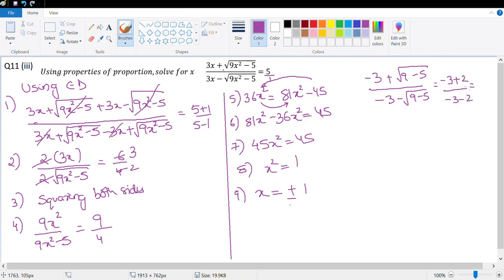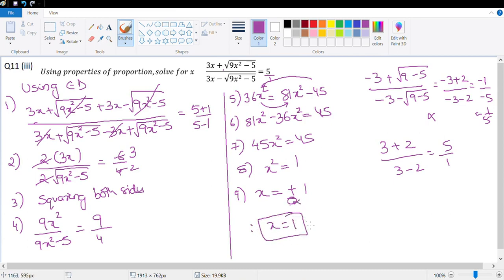Negative 3 plus 2, that gives me negative 1. Yes, and this will be negative 5. This is 1 upon 5. Is that the value that we wanted? No. So let's try plus 1. So if I try plus 1, that will be 3 plus 2 upon 3 minus 2, which will be 5 upon 1, which means the negative value is not the correct one. Therefore, x is equal to only 1.